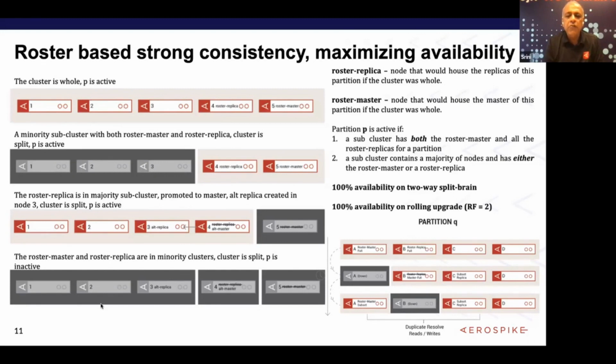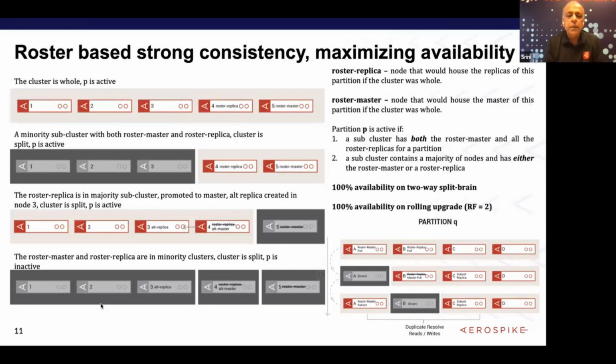Let me take you through a couple of interesting rules here. In this particular case, I have mapped a single partition onto a roster. A roster is a set of nodes that form the cluster. In this case, it's a 5-node cluster, nodes 1 to 5. And the particular partition P has the master copy on node 5 and the replica on node 4.